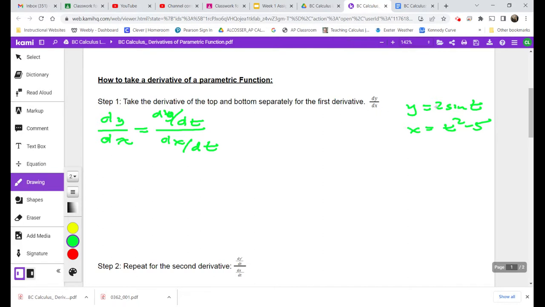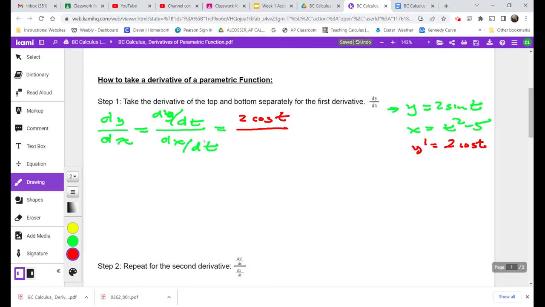For dy/dt, I'm going to take the derivative of this one, so it's y prime. y prime is equal to 2 cosine of t. So the top of this is 2 cosine of t.